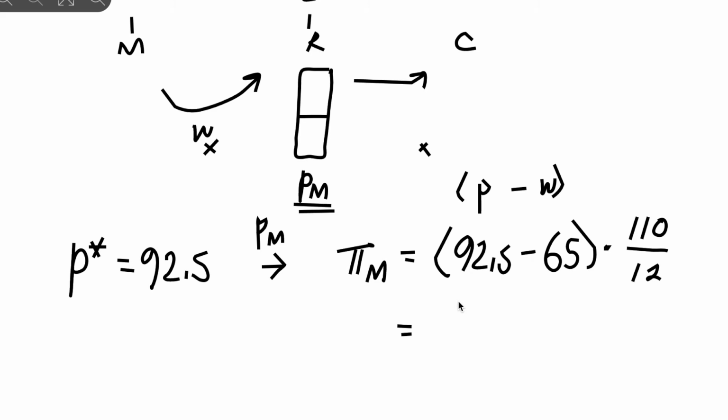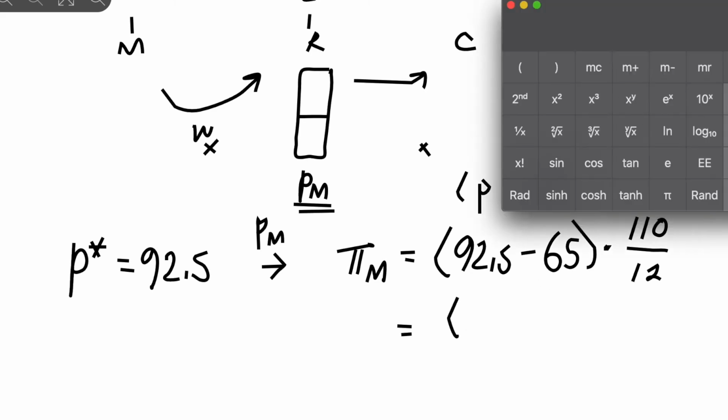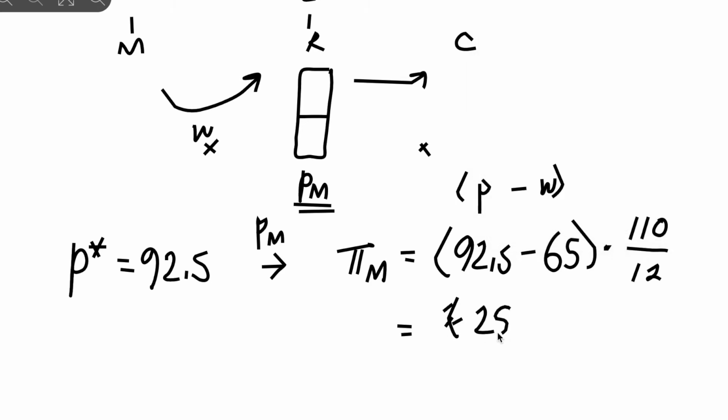So what we have is 92.5 negative 65 times 110 over 12, which is 252 and some decimals. So let's assume just 250.